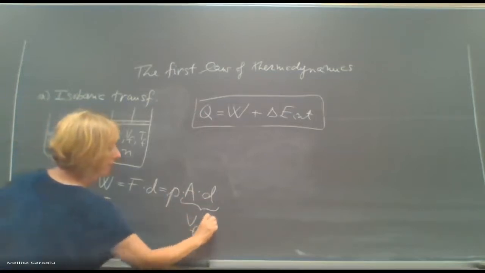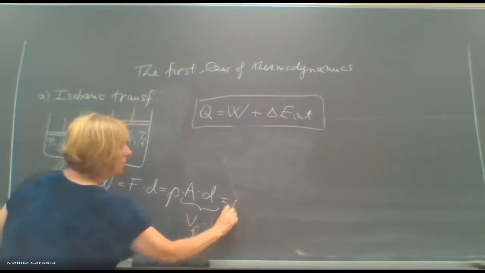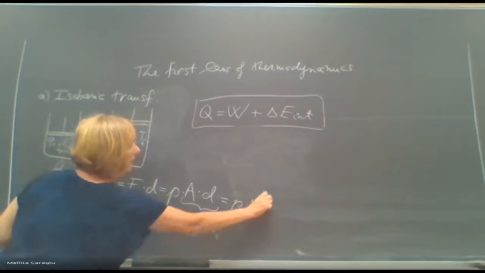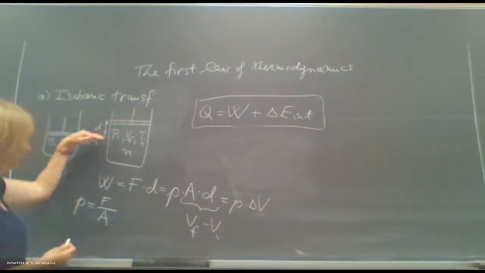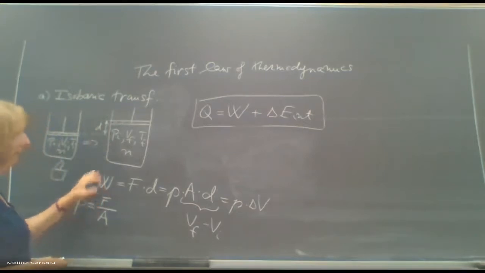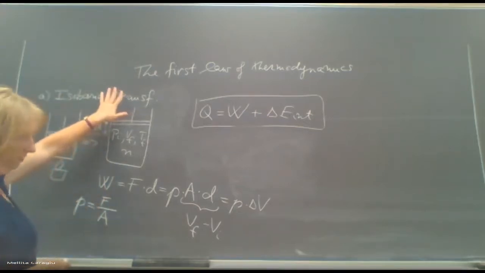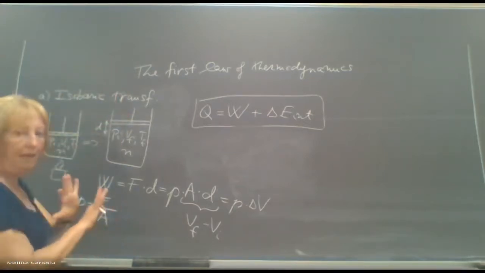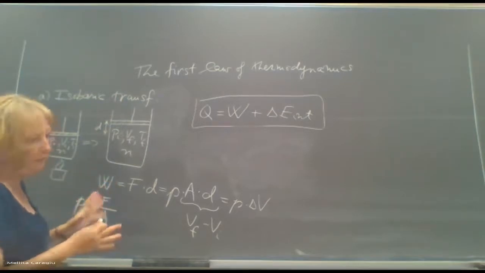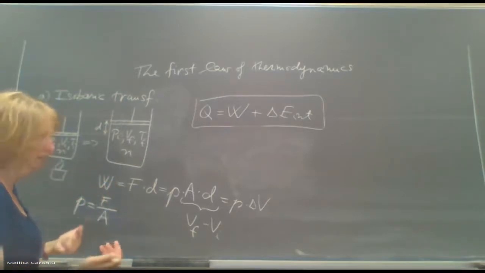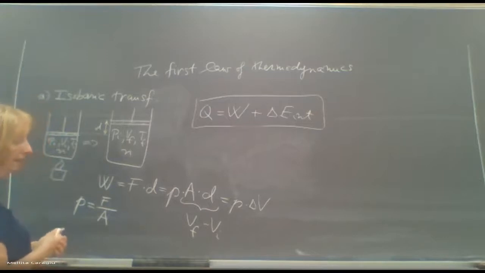So it's V final minus V initial, which is actually delta V, right? Changing volume. And in an isobaric transformation, this is as far as we go at this moment in Physics 2111.